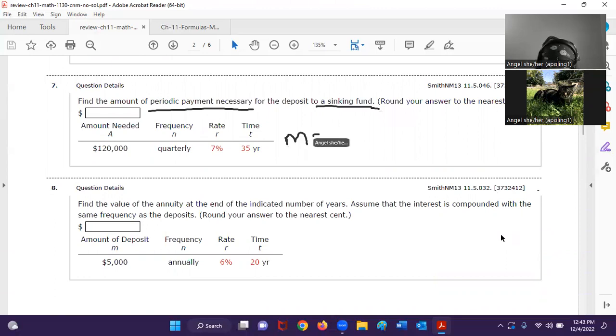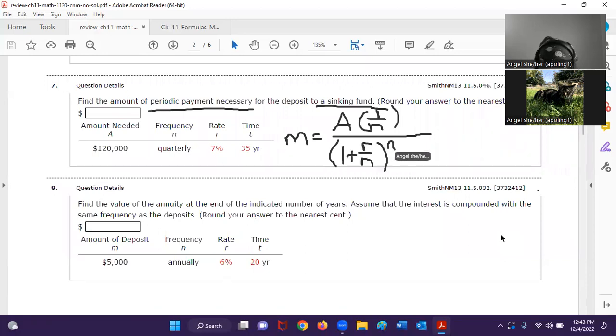That was M equals A times R over N divided by 1 plus R over N to the NT minus 1, which is 120,000 times 0.07 divided by N. N is 4 because we have a situation that's being compounded quarterly.